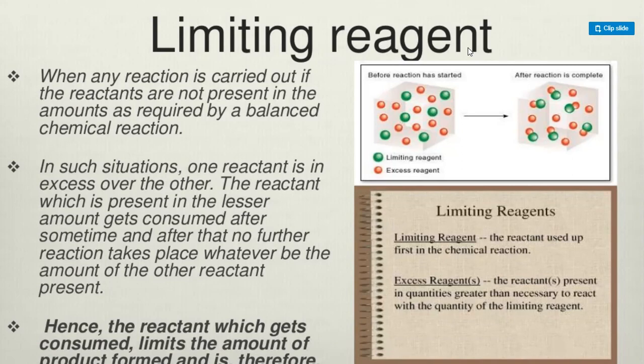You can say the limiting reagent is the reactant used up first in the chemical reaction. Another one will be the excess reagent. Excess reagent means the reactant present in quantities greater than necessary to react with the quantity of the limiting reagent.